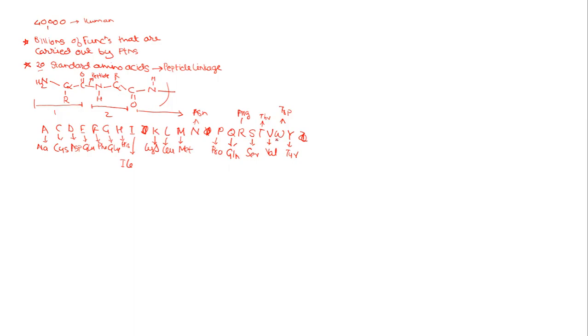So one might ask how it is that only the combination of these 20 standard amino acid residues would yield such a functional diversity in proteins. How is it possible that these proteins, made up of only 20 standard amino acid residues, are able to perform such functionally diverse activities? That might be a daunting question, right?